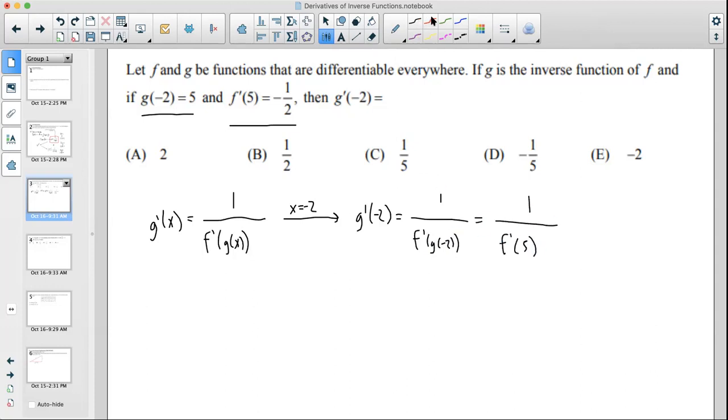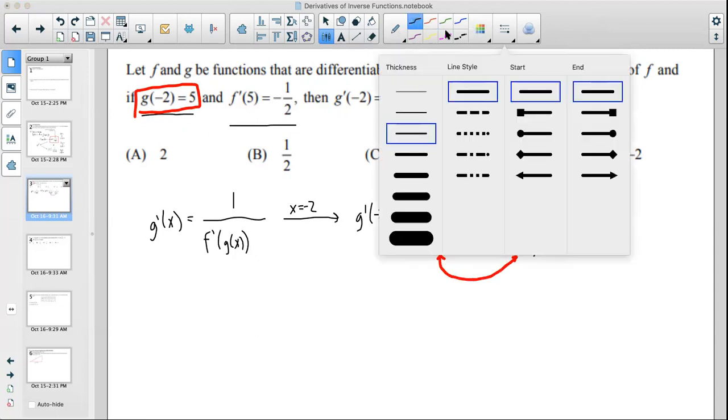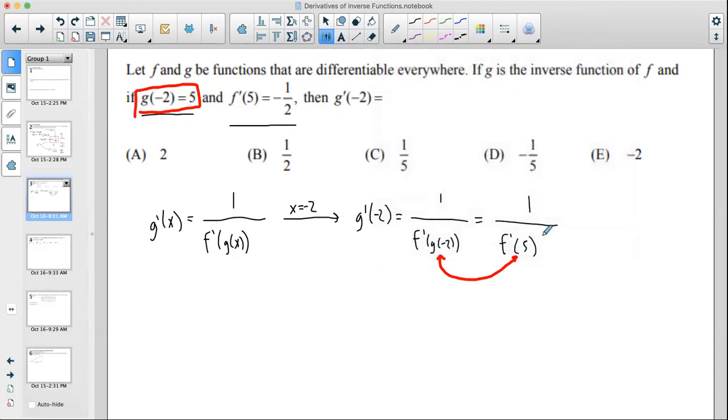I used this fact right here, replacing g of -2 with 5. And then we have f prime of 5, which they told us is -1/2. So this is 1 over -1/2, which is -2. You flip the bottom and multiply, and you get this.